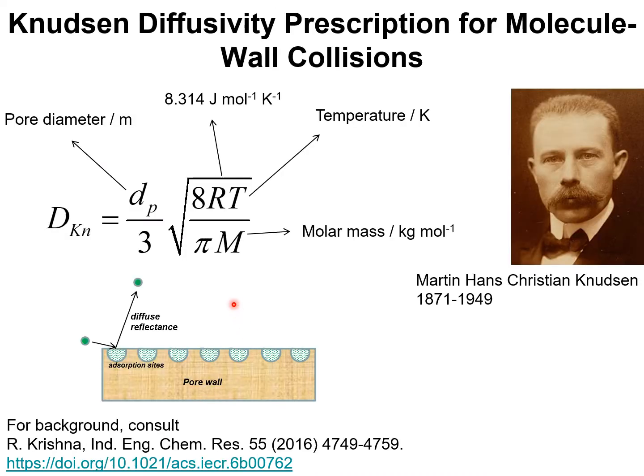The Knudsen diffusivity prescription for molecule wall collisions is given by this formula derived by Martin Hans Christian Knudsen, a Danish physicist. The Knudsen diffusivity is equal to the pore diameter divided by 3 times the square root of 8 times the gas constant R, temperature T by 3.14, and the molar mass.